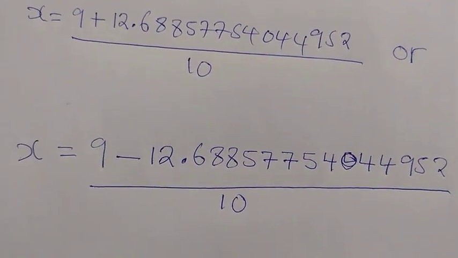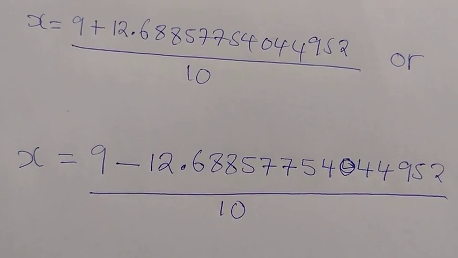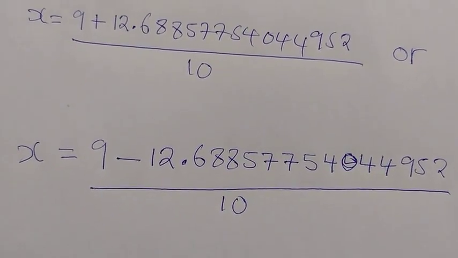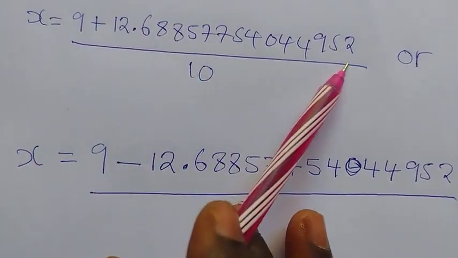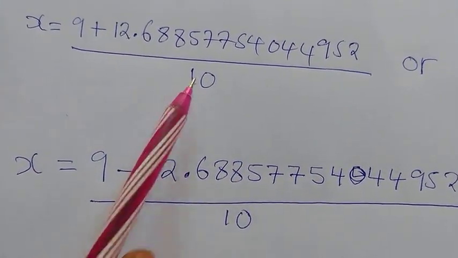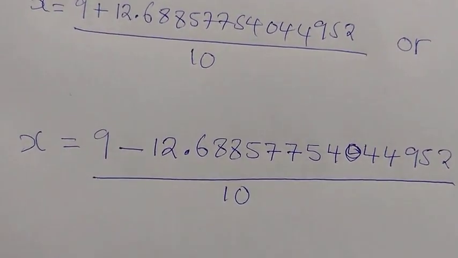So very important that you follow this. Don't panic. Just get a calculator, add this 9 and this value, then divide by 10. Even here, you subtract 9 minus this value, and then you divide by 10.